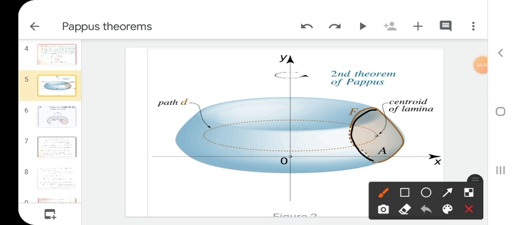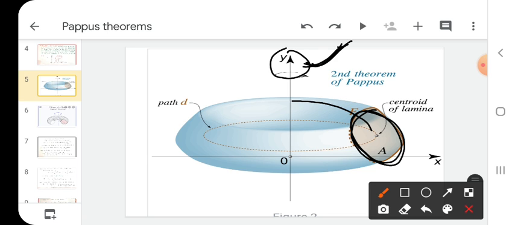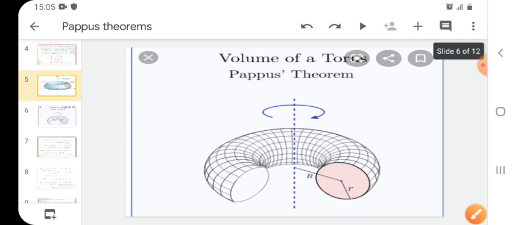This is a closed curve. This closed curve revolves about the y-axis. Here we take the y-axis, like this. Here we can understand clearly.